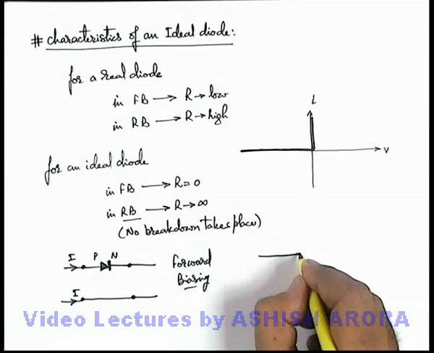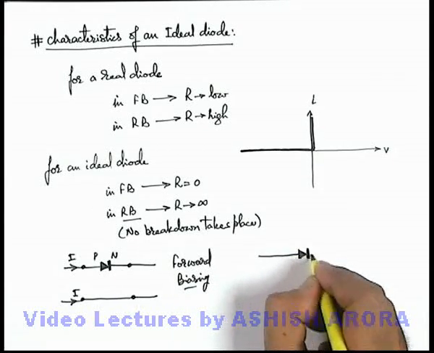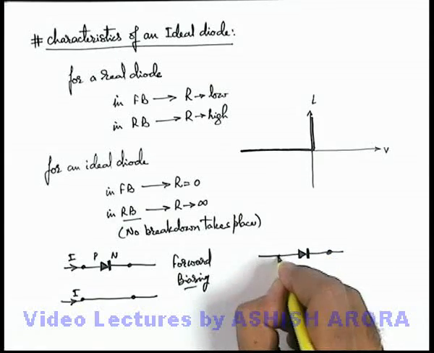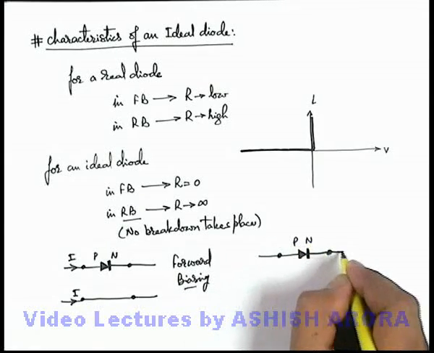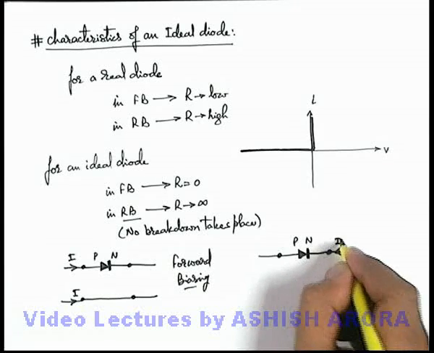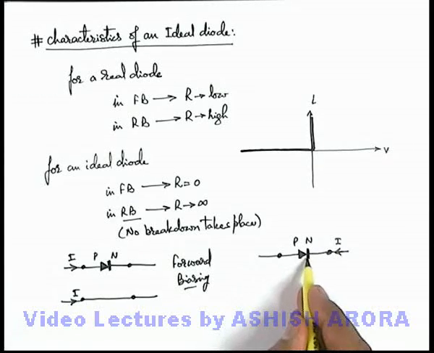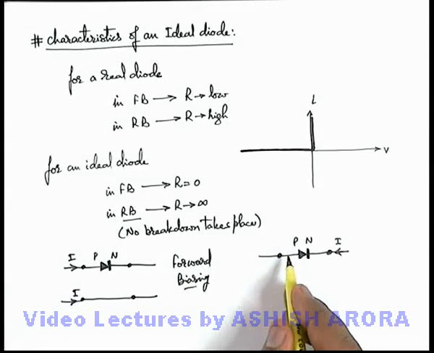And if we talk about the situation of reverse biasing of an ideal PN junction diode, you can see there's a P and N side and a current having a tendency to flow from N side to P side. This is because N is at high potential and P is at low potential.